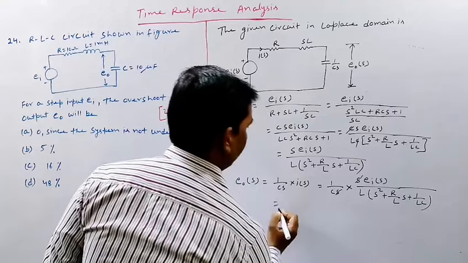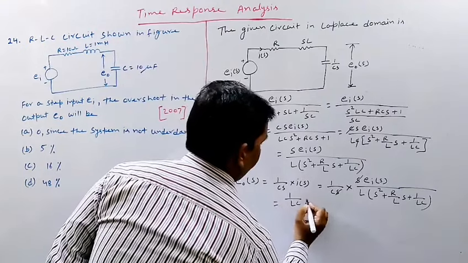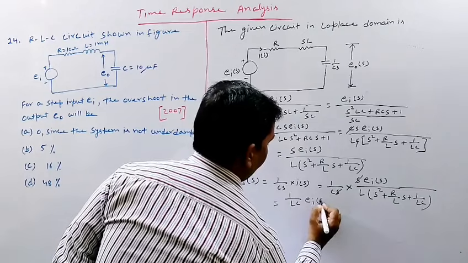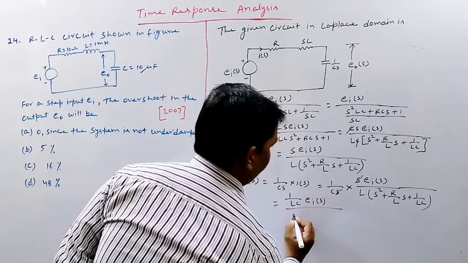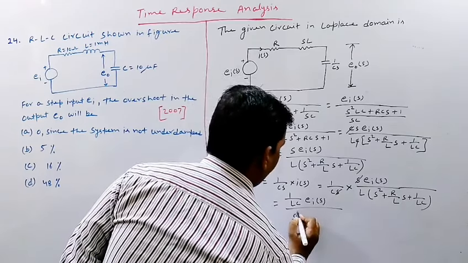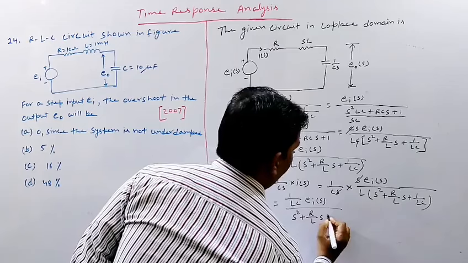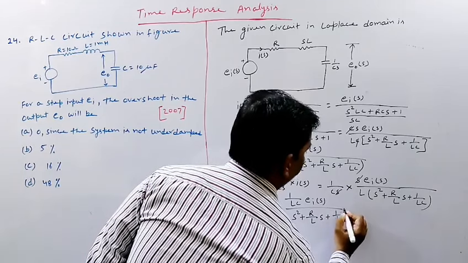Now it will be 1 by LC EIS divided by S square plus R by L S plus 1 by LC.